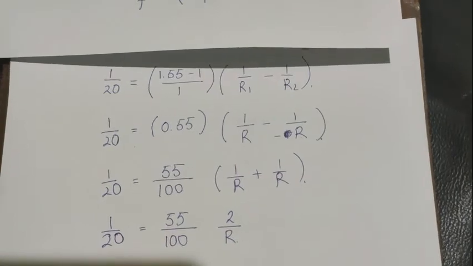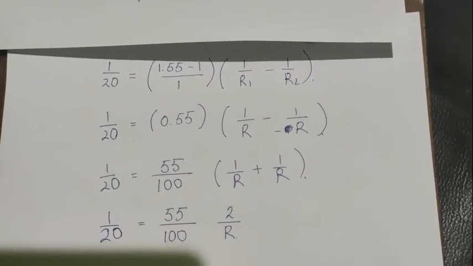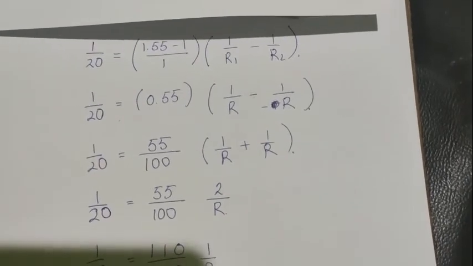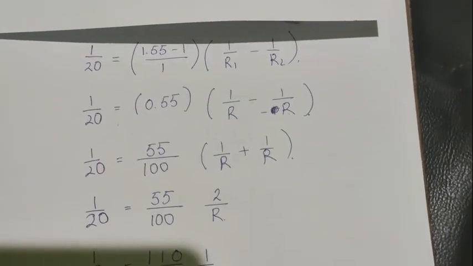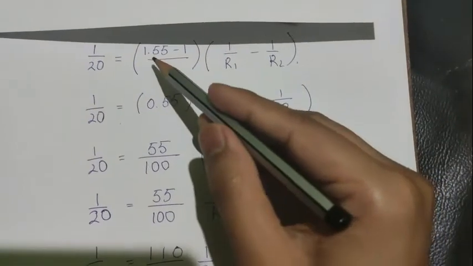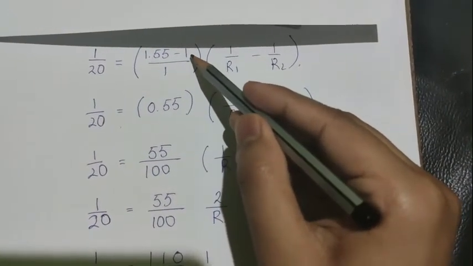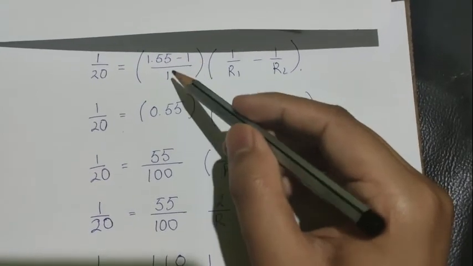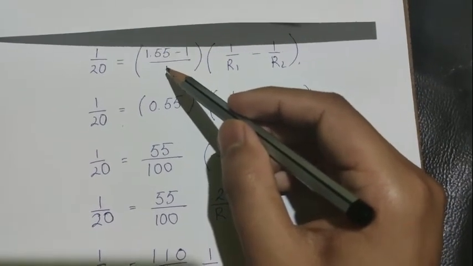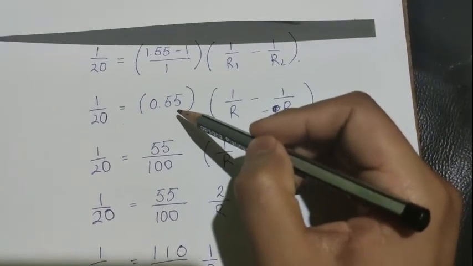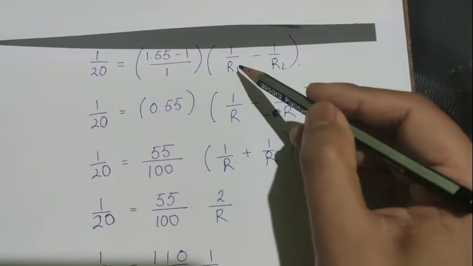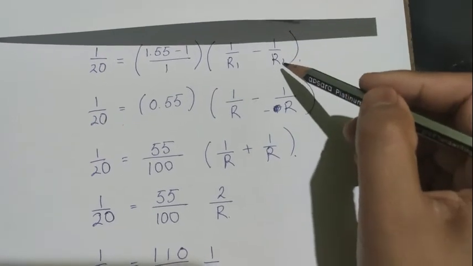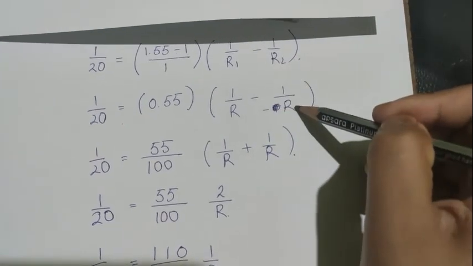Students who have a problem with their mental maths ability can use the calculator, and the rest can follow. So 1.55 minus 1 is how much? 0.55. 0.55 divided by 1 is how much? 0.55. And 1 by R1 will be positive of R, minus 1 by R2 will be negative of R.